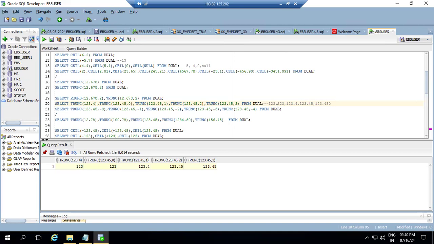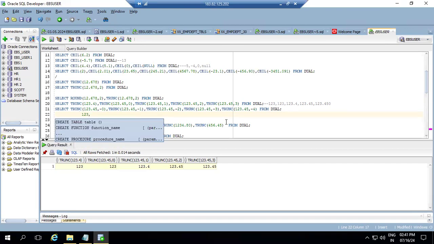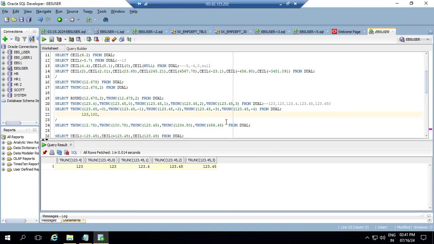It is clear, right? So coming to the next example, where we are using it with a minus. Now how will it consider the minus here? Previously in round off, when we use this minus, it goes to the left side, right? So how will it consider now? What will be the output for the first set? 123.45, comma, minus 0. Sorry, 123. Next, 100.